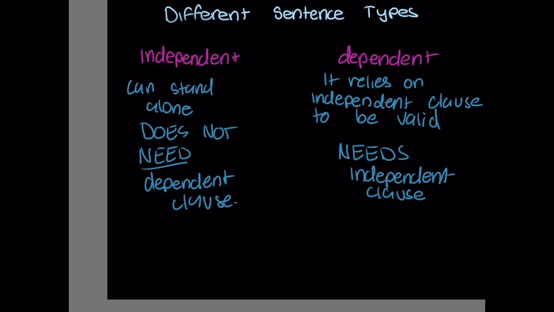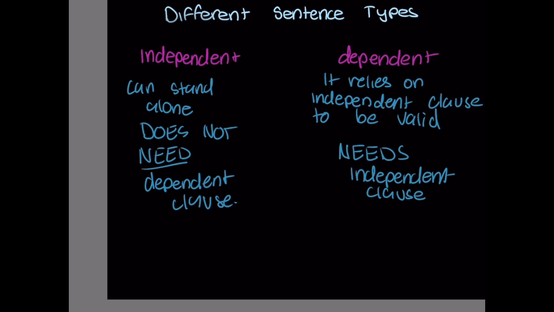So because is something that you say when you're talking about something else. Like, you can say that the sky was blue. That's fine. The sky is blue. It can stand on its own.